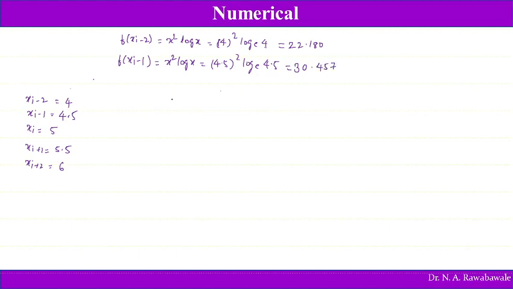So then f of xi, that is x square log of x. So 5 square log of 5, that is 25 into natural log of 5, that is 40.